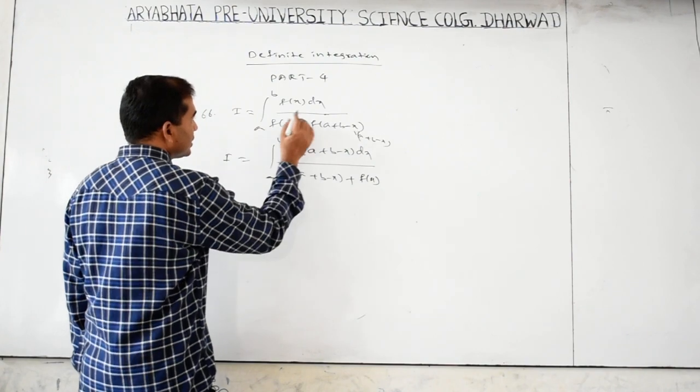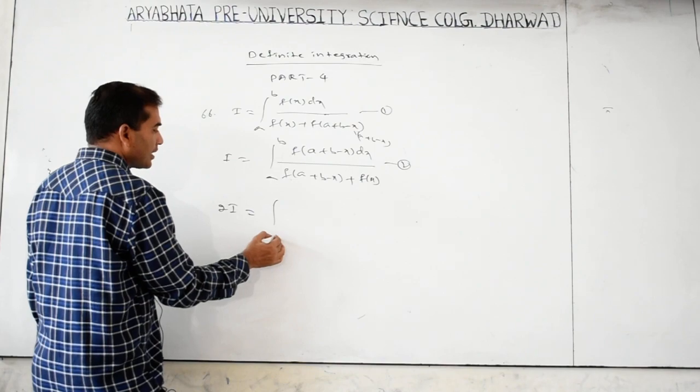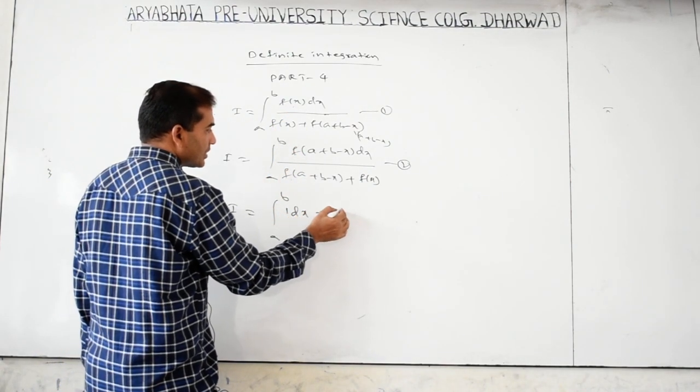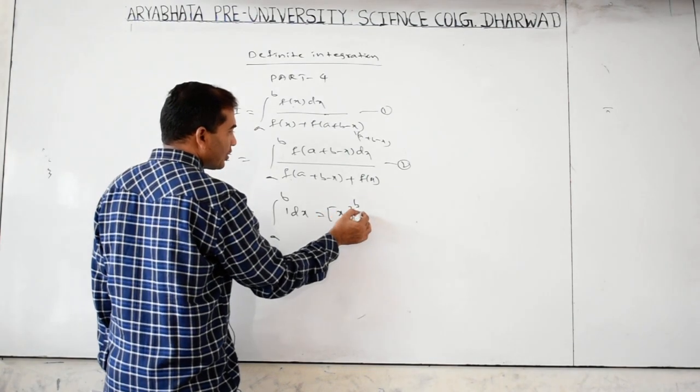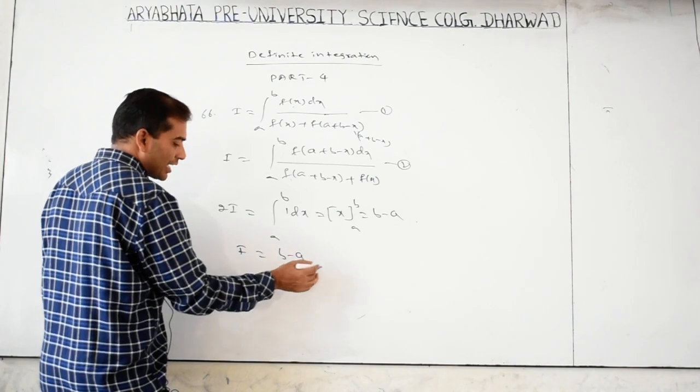Adding 1 and 2, the left side will be 2I, integration a to b, numerator and denominator the same, 1 dx, which is equal to x with limits a to b, b minus a. I is equal to b minus a by 2.